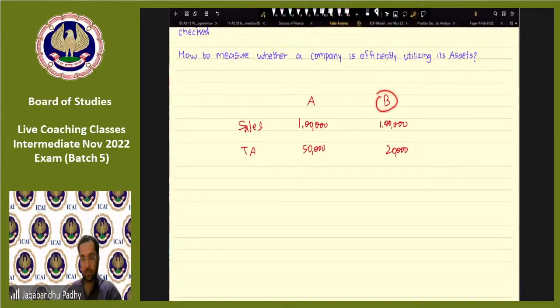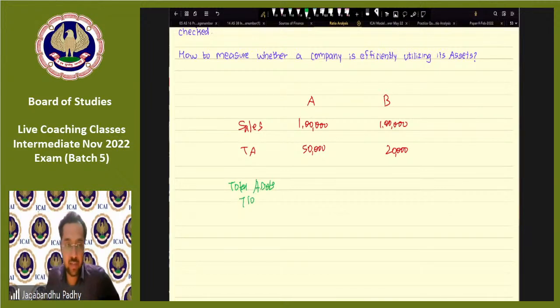Company B? Of course, yes, company B, because we say over here total assets turnover. 1 lakh divided by 20,000 is 5 times, right?